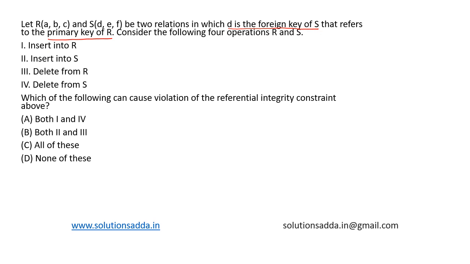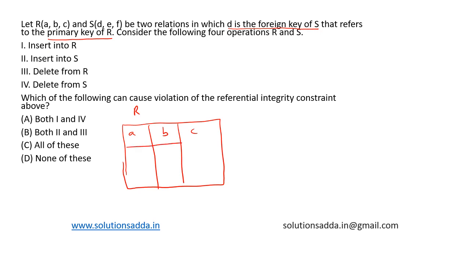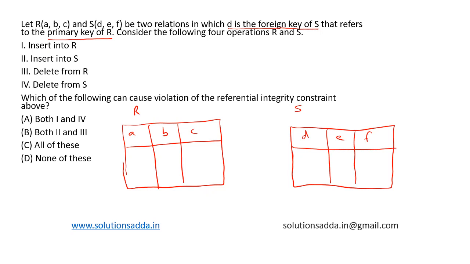So consider the example. Let R be the table in this form, having A, B and C, and S be another table having attributes D, E and F. The basic point given here is that D is the foreign key, and assuming A is the primary key of R. Now A will have unique values here.